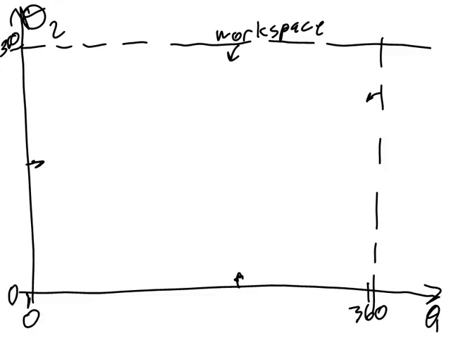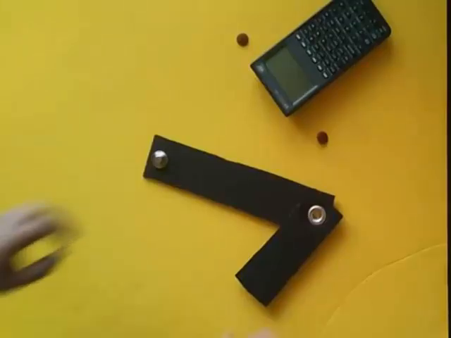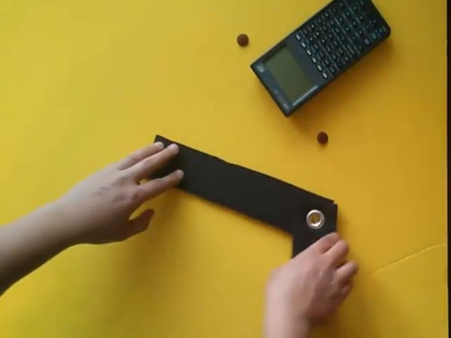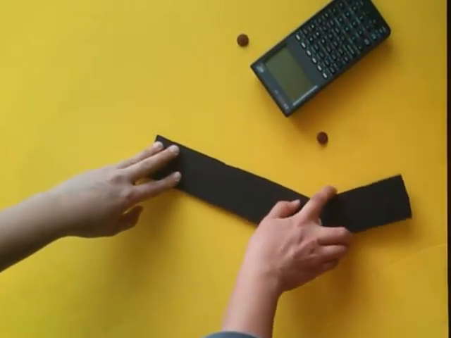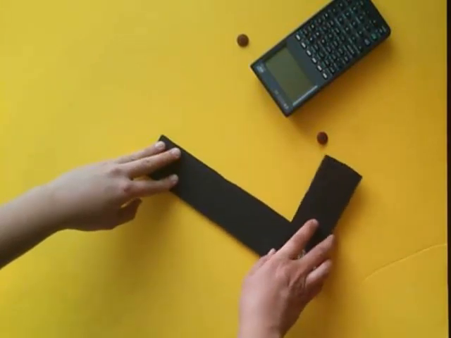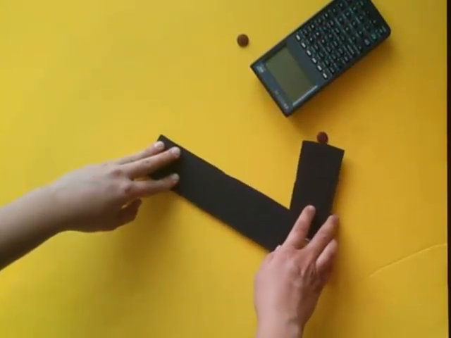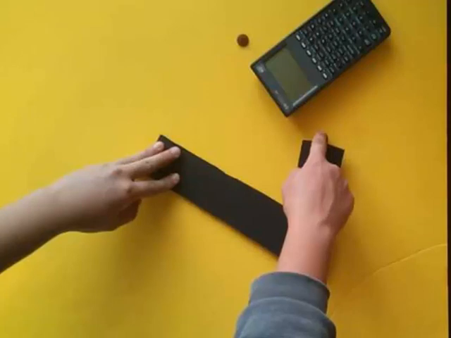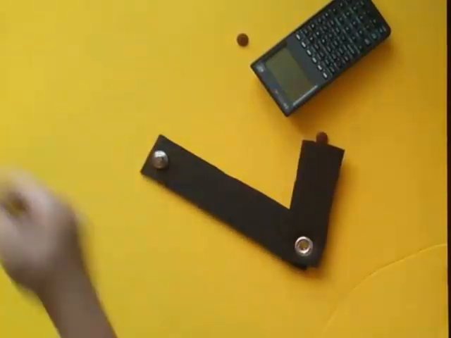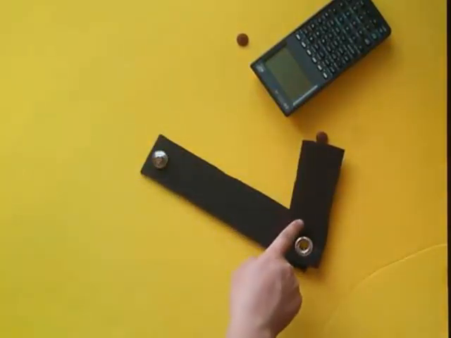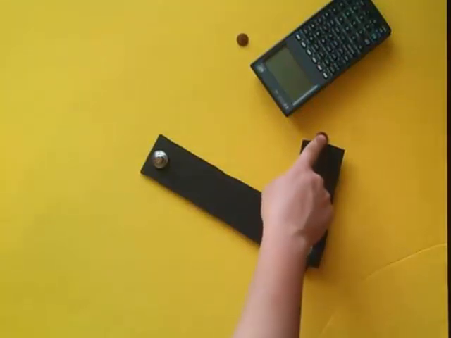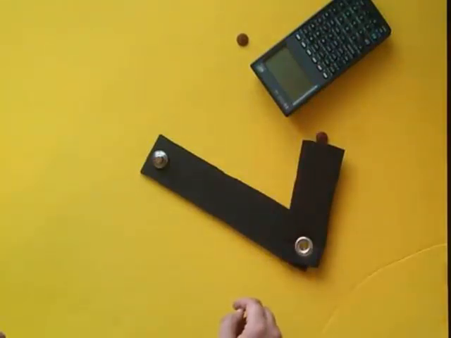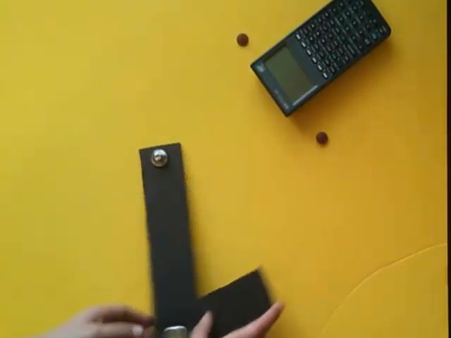Next, I need to mark my start and end points in configuration space. To do that, I'll go back to my model. I'll find the start and end points in configuration space by using inverse kinematics. I'll take the XY position of the start point and find the theta 1, theta 2 that gets the end effector in that location. And I do that using the inverse kinematics equations.